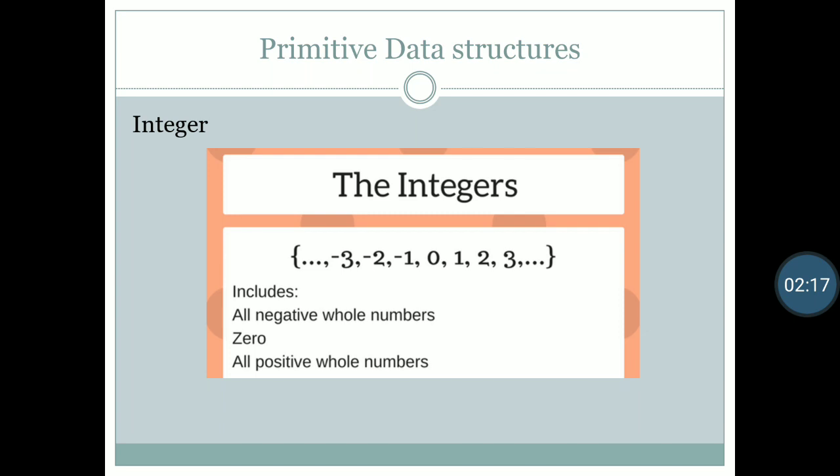If we are using a Windows operating system, then it will require 2 bytes, but if we are using a Linux operating system, then integer will require 4 bytes for storing any value. So this is the primitive data structure or inbuilt data structure, integer.